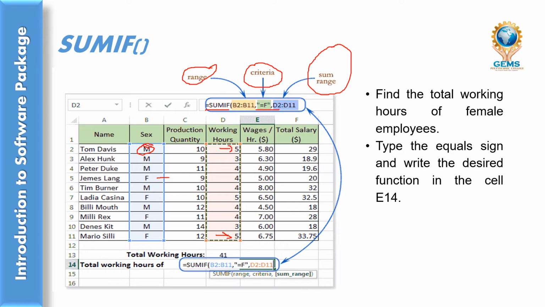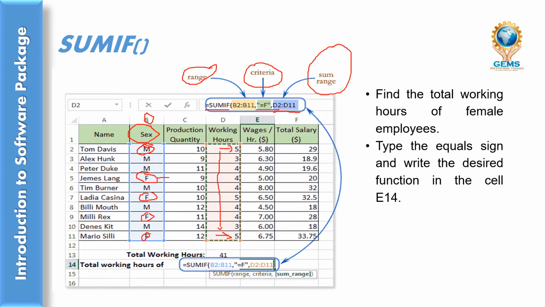In the B column, under the sex field, there is the female criteria, so we select the female criteria F and another F. Then the sum range is the working hours, so we select D2 to D11.